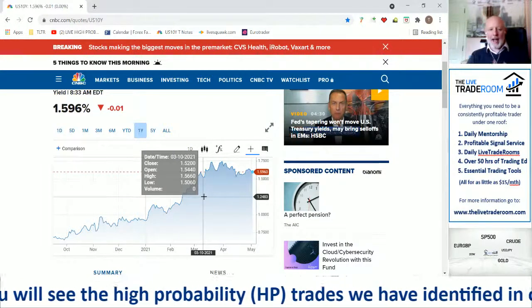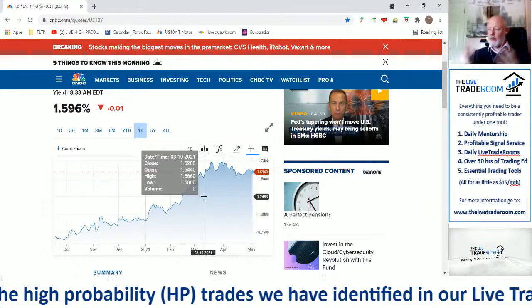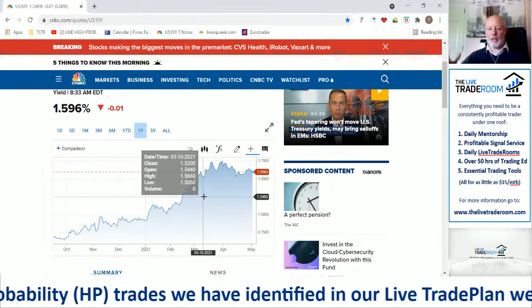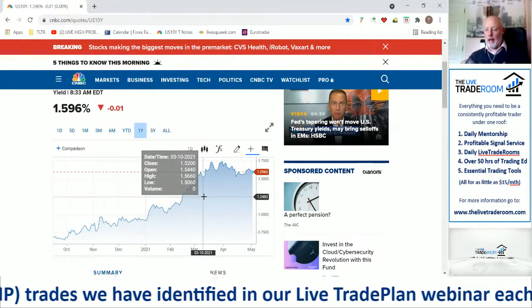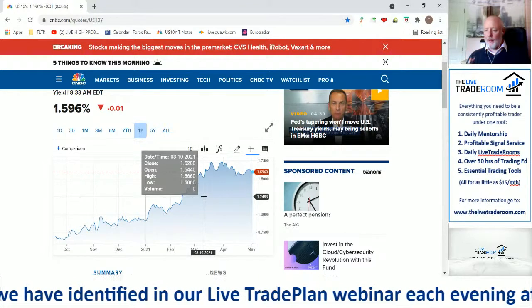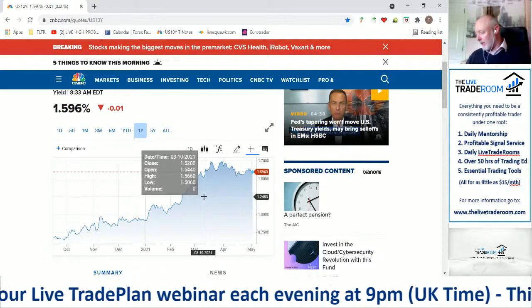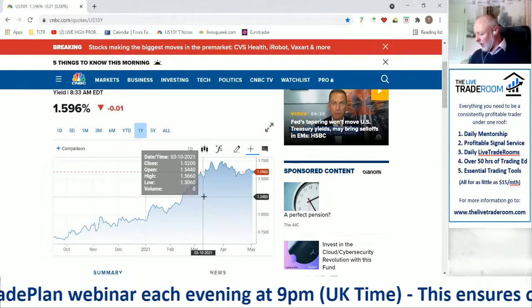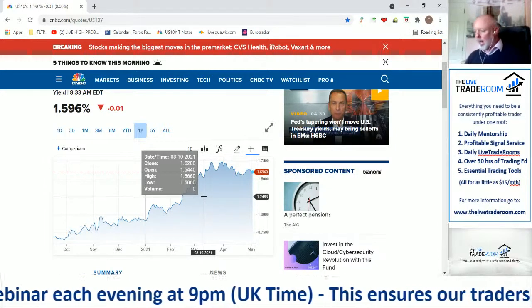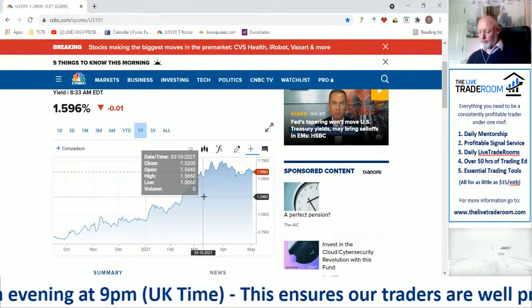It's how fast will the prices of our everyday goods and services increase in real time. That's the big concern, and what the governments and the central banks want to avoid is this hyperinflation scenario.